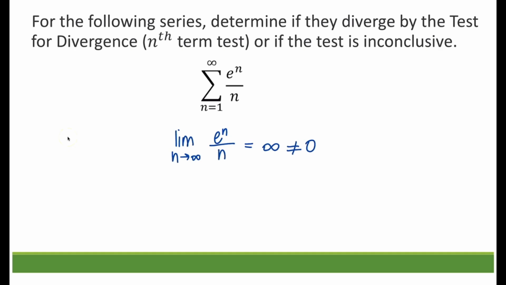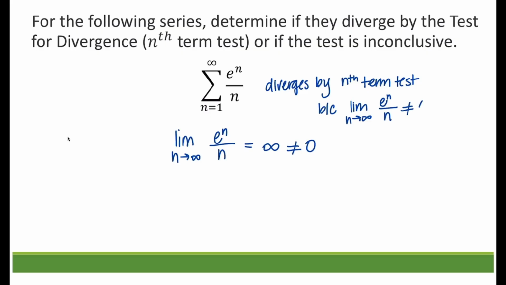So we would say this series diverges by the nth term test, or you can put test for divergence, and then because the limit as n approaches infinity of e to the n over n, make sure that's in the exponent, is not 0.